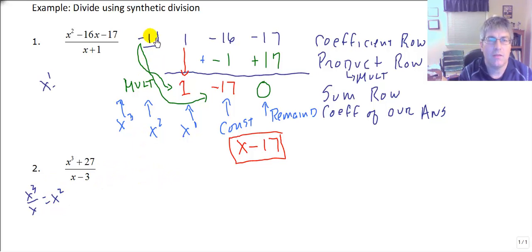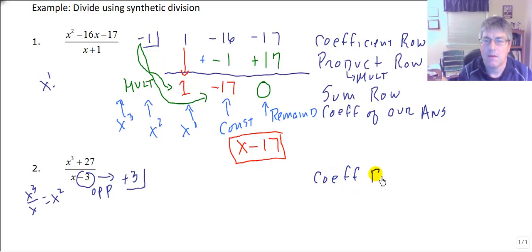So let's go ahead, though, and put our divisor in. Our divisor is +3, okay? It's the opposite sign. And then let's go ahead and fill in our coefficient row. Now this one's a little bit different because we don't have an x squared and an x to the first term.